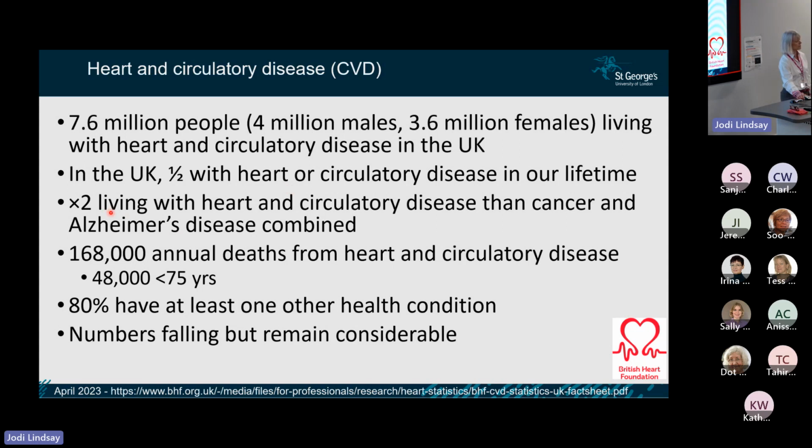And twice as many people are living with these conditions combined than there are with cancer and Alzheimer's combined. Annually, it accounts for about 168,000 deaths, of which 48,000 are in those aged under 75 years. And as well as having heart and circulatory mortality, 80% have at least one other health condition. And although numbers are falling, because treatment's obviously getting better, it still remains a considerable health burden.